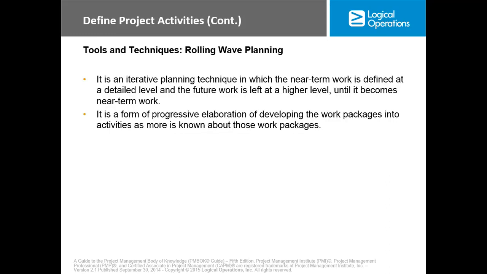Now, rolling wave planning is an iterative planning technique in which the near-term work is defined at a detailed level and the future work is left at a higher level until it becomes near-term work. It is a form of progressive elaboration of developing the work packages into activities as more is known about these work packages.